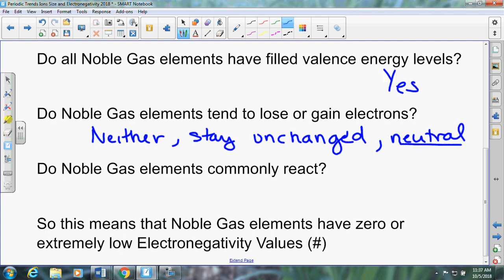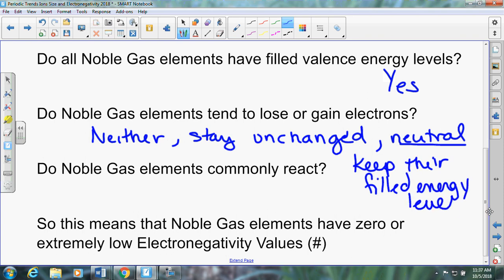We might say that they keep their configuration. Another real good question to answer is, do noble gas elements commonly react? No. They usually are unreactive. That's what makes them stable. They sit there as atoms, they don't do anything.